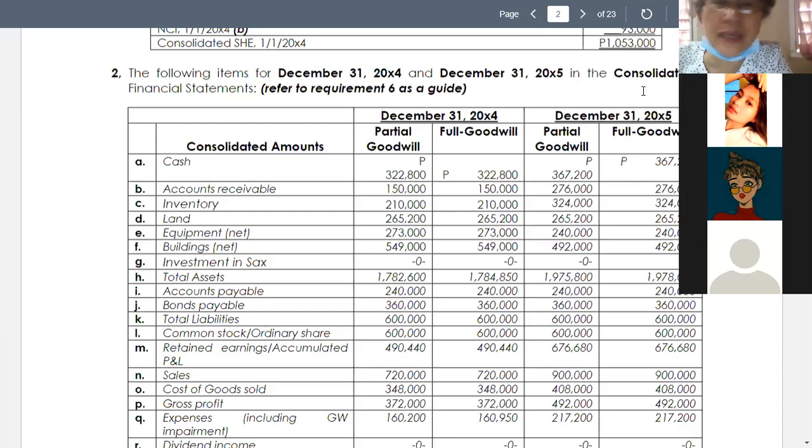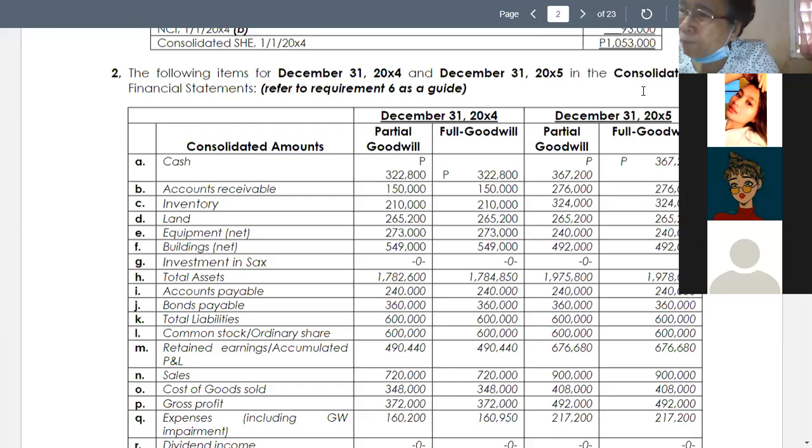Again, net ang ginapangayo. So how did we find the amount of 549,000? We are adding the debit balances of 720,000 and 540, debits. And then for the credits to accumulated depreciation, 405 and 288.